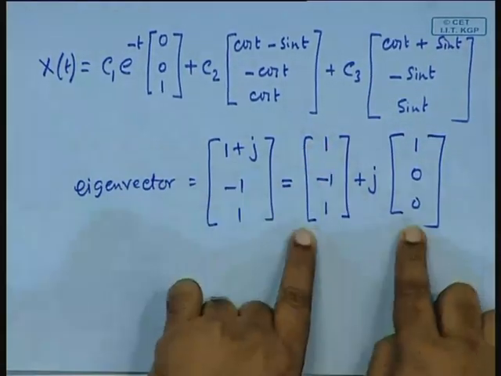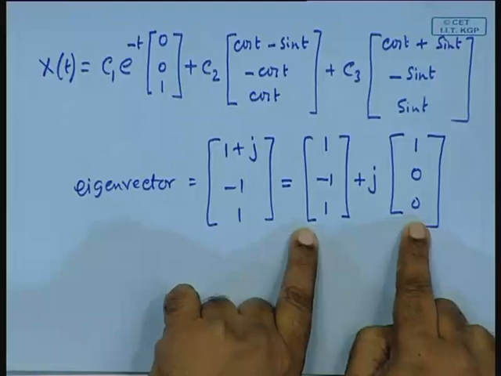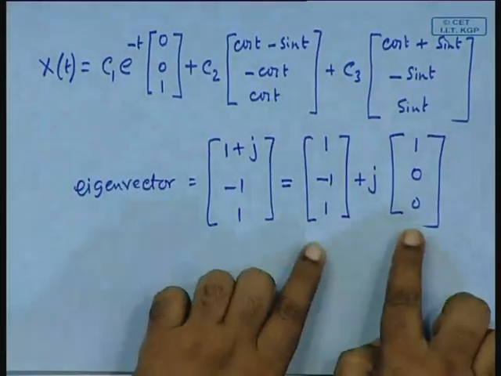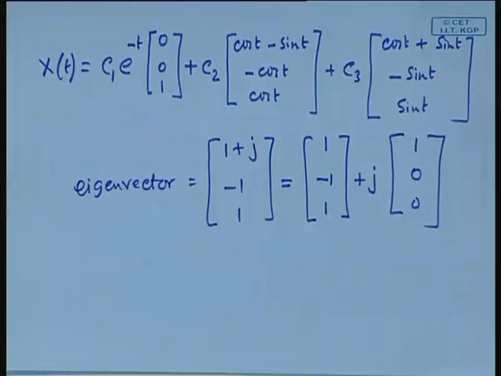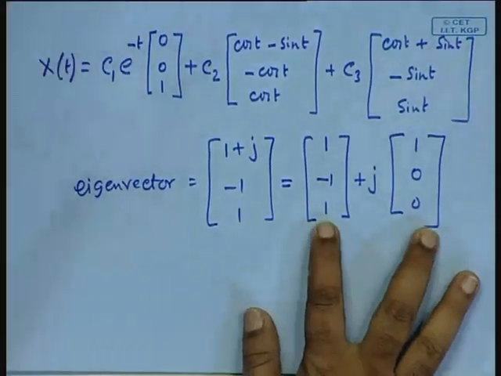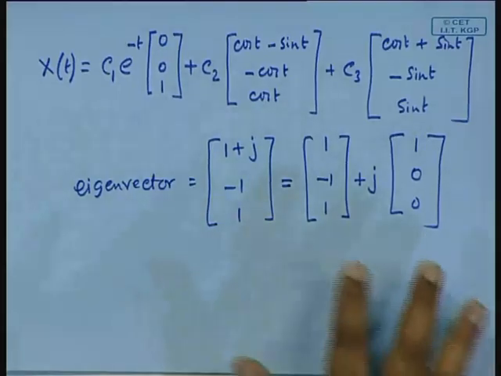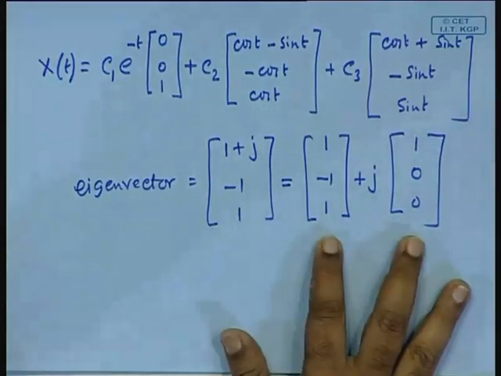This is a real vector and this is another real vector, and we have composed the final solution in terms of these two real vectors. So, there will be a plane passing through these two real vectors, and the system will ultimately converge onto that plane. So, that is the eigenplane.